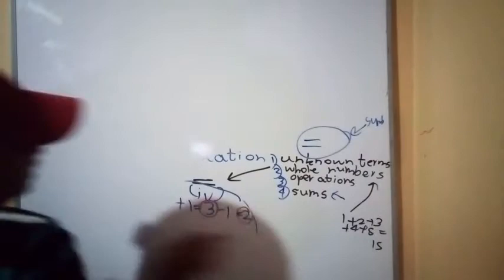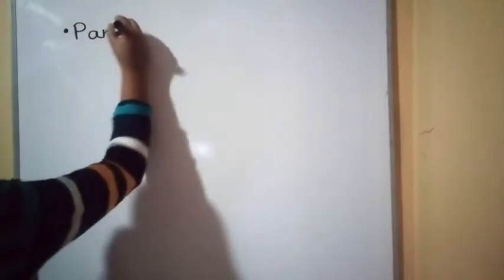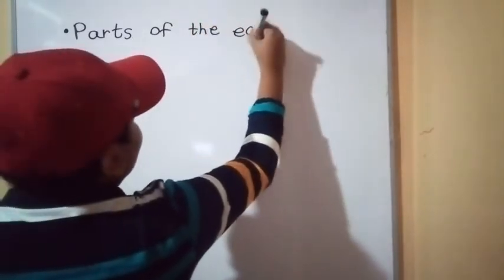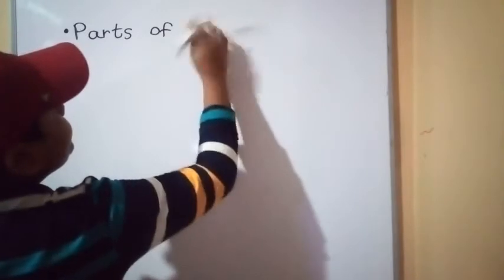I solved an equation now. The guys asked me what the coefficient is. Now let's discuss the parts of an equation. In grade 8 I can't do these parts of the equation; parts of an equation are very suitable.